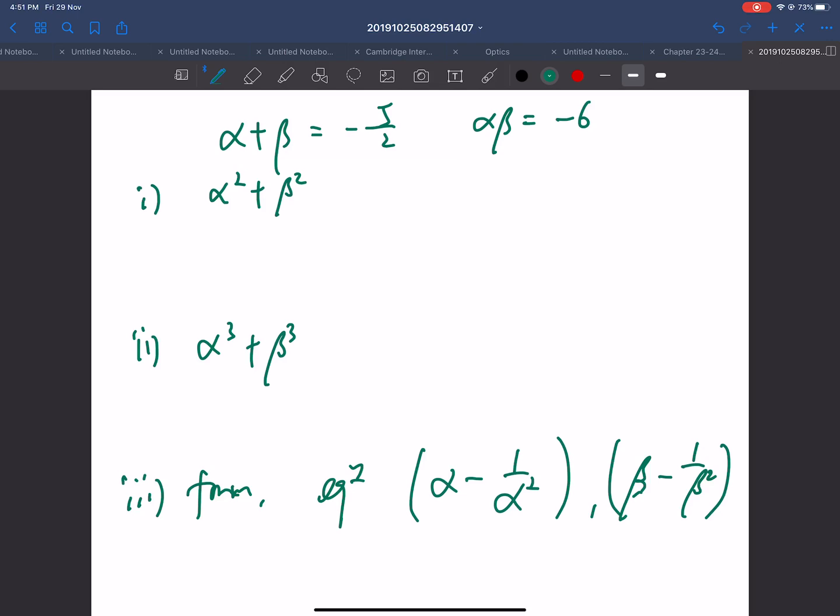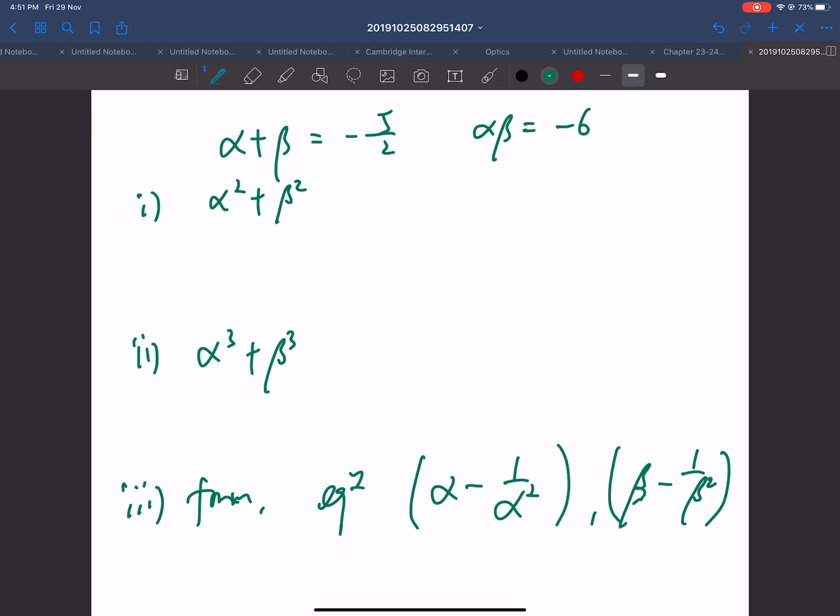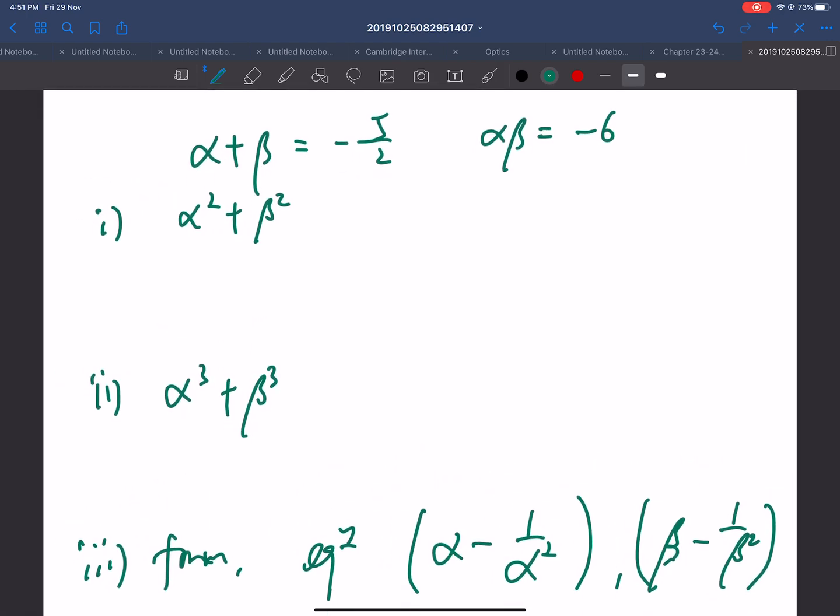Do we skip A? Well, for part A, to form the quadratic equation with those roots, what we should do now is x squared minus sum of roots times x plus product of roots.